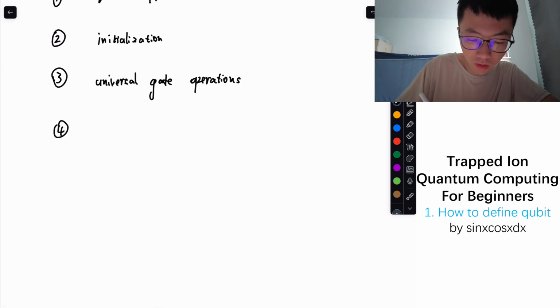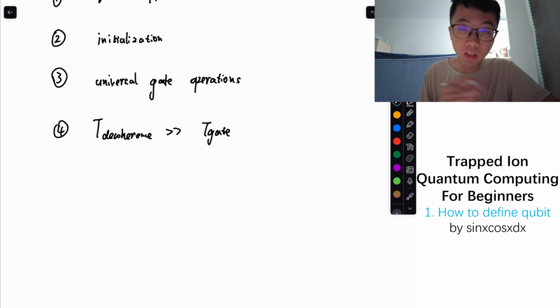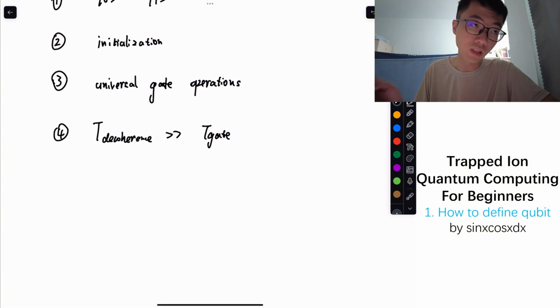And the fourth criterion is that the decoherence time is much longer than the time to do a gate. What is decoherence? It means that the qubit could be affected by the outside environment or spontaneous emission, etc., and then it loses its coherence. It loses phase information, so that it can no longer work as a qubit.